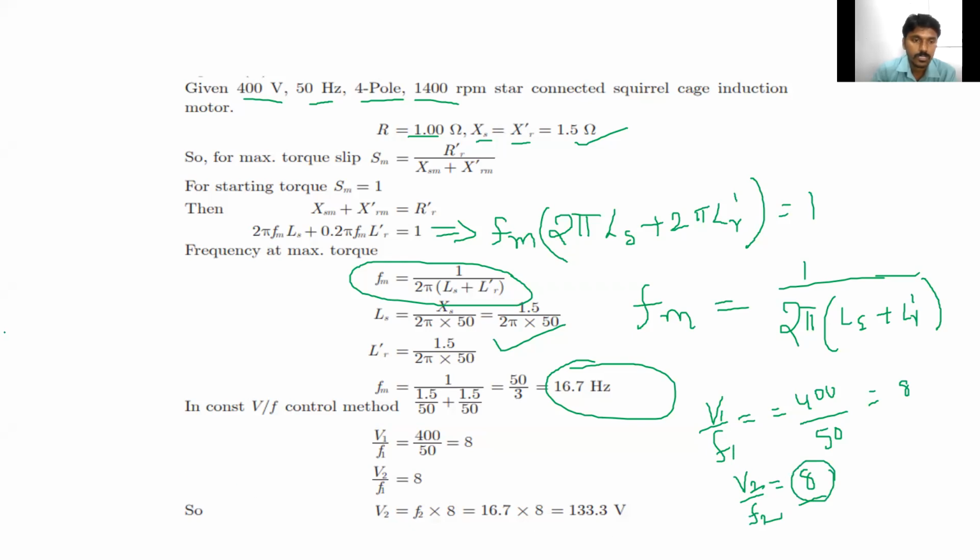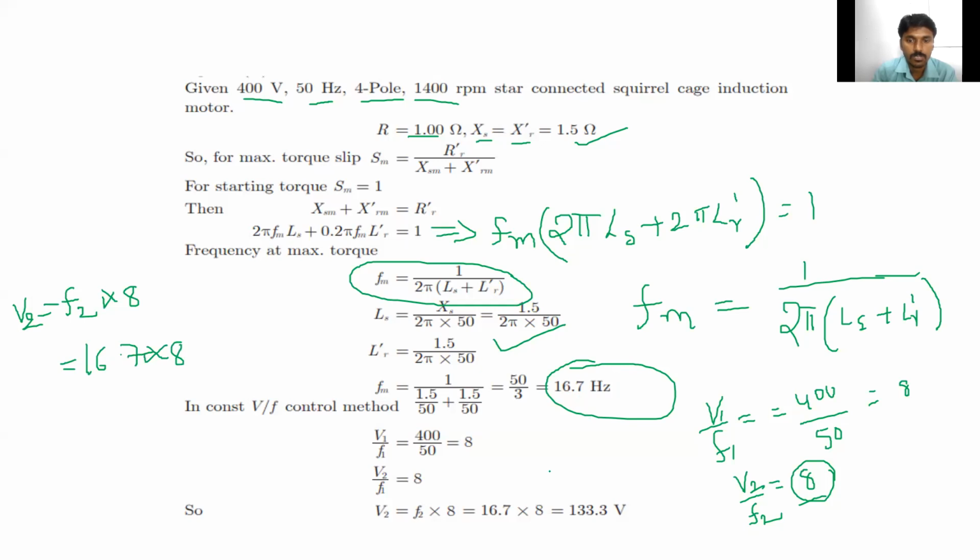So what we can write here, V2 is equal to F2 into 8. F2 is nothing but the frequency that changed, 16.7 into 8.